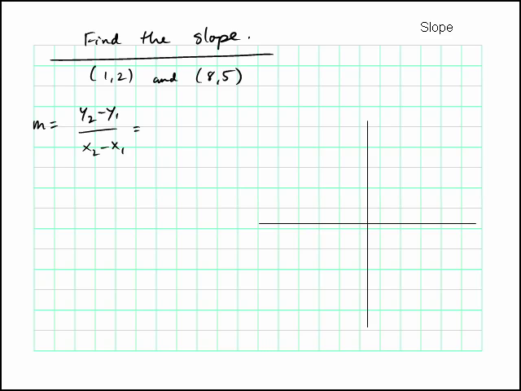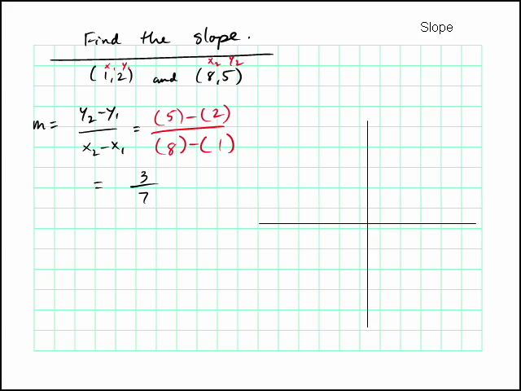I will make this my x1 and my y1, and this will be my x2 and my y2. I'm now going to plug in my numbers in the correct place. This will be 5, that's a 2, this is an 8, and that's a 1. 5 minus 2 is 3, 8 minus 1 is 7. And so this line has a slope of 3/7.